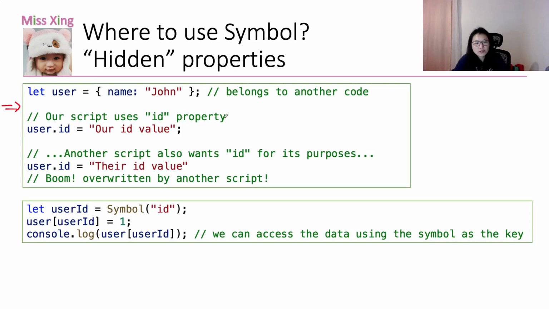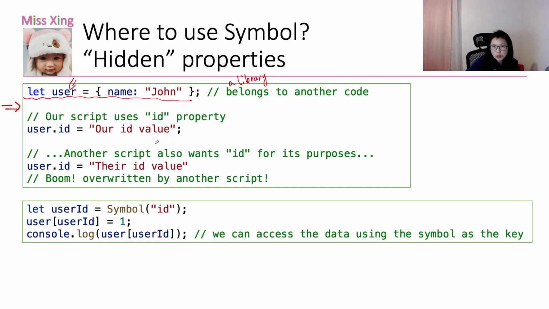Suppose you have an object. Your application is very large. Your application is very large, and this piece of code I pick from different places. Suppose this user, this piece of code belongs to a library, or another piece of code belongs to a library.